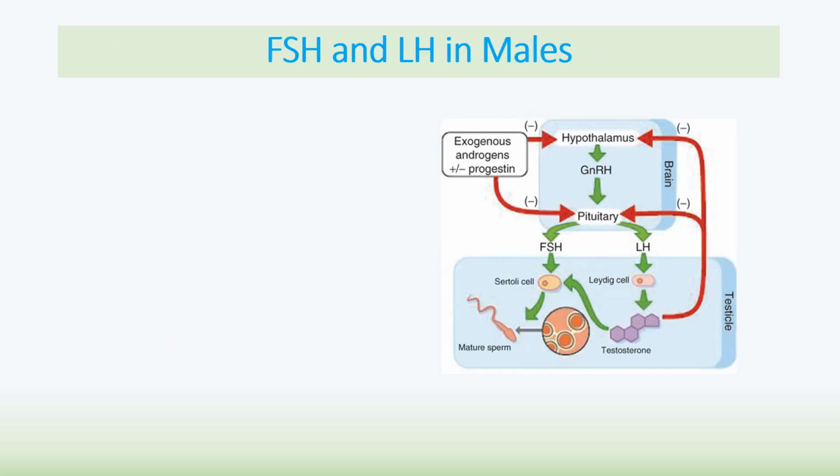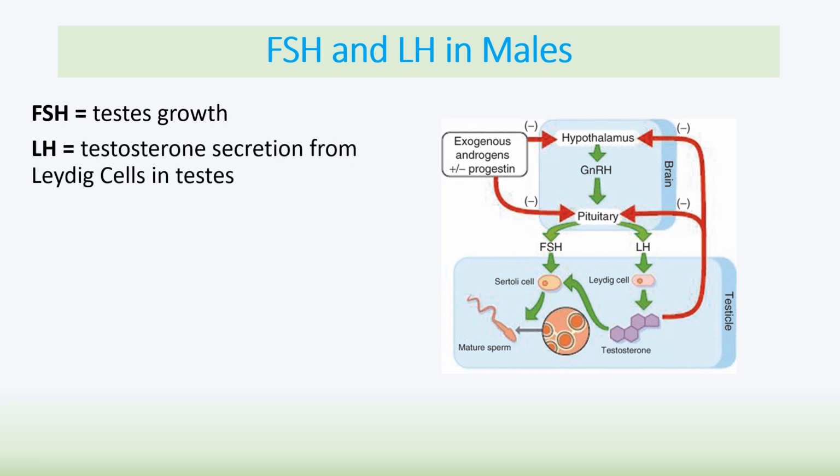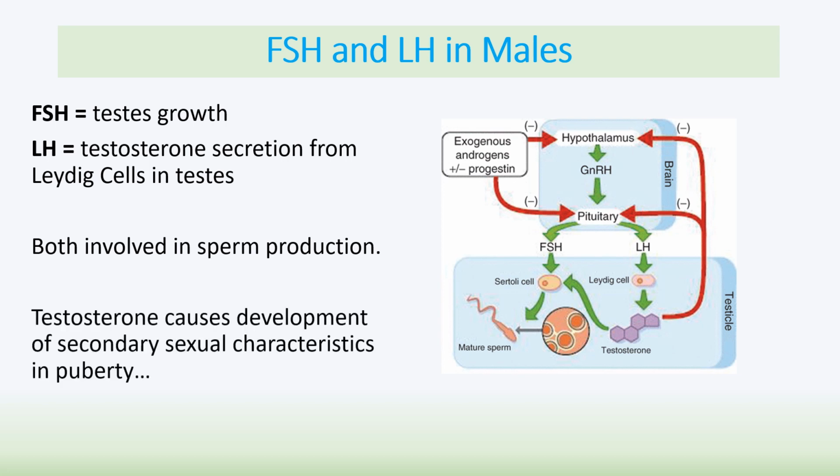If we look at males particularly, even though this is what you may have previously studied as female hormones, males do need FSH and LH. So FSH triggers the testes to grow, and LH causes testosterone secretion from the Leydig cells, which are the main cells in the testes. So both are involved then in sperm production, and testosterone causes development of secondary sexual characteristics.